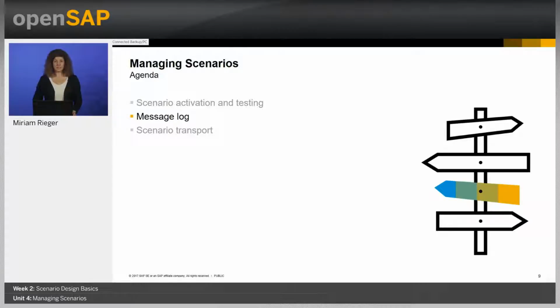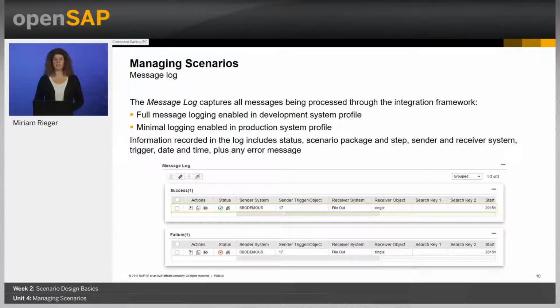The next topic is the message log. The message log captures all messages being processed through the integration framework. The log can be a useful tool for troubleshooting scenarios that you develop.